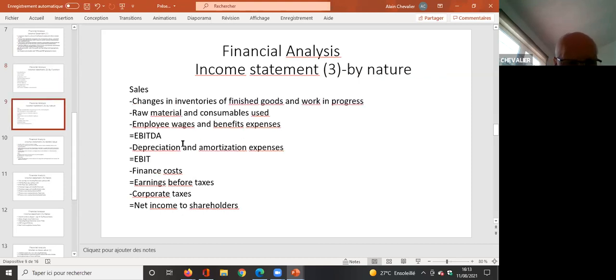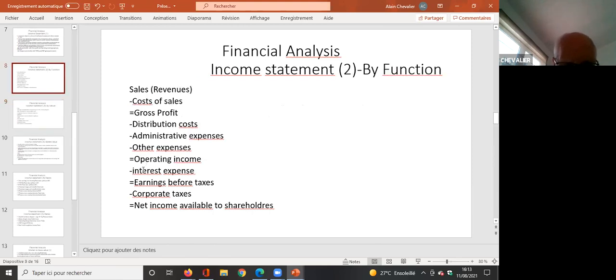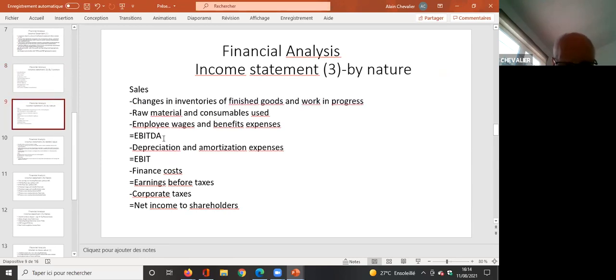Next one here is what we call the continental or European one. Of course, you find the same level of sales, same level of net income. You find the EBIT, which is equal to the level of the operating income in the other presentation.